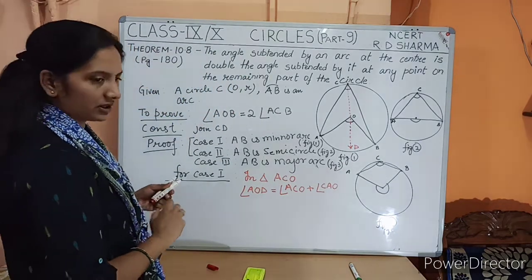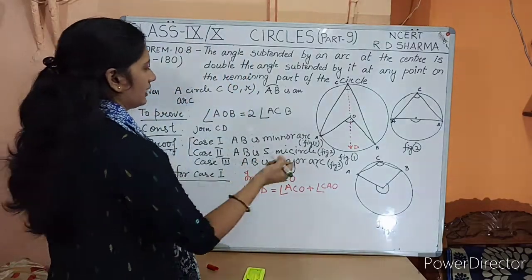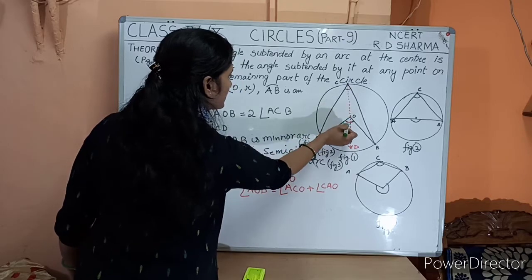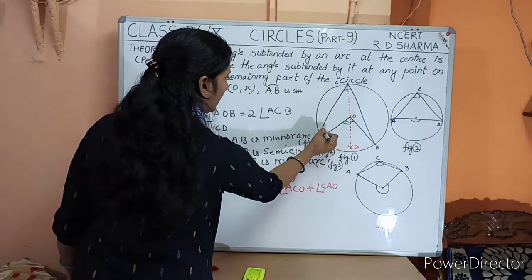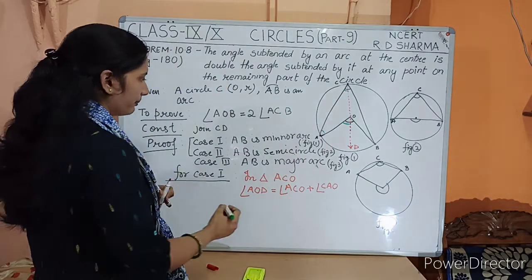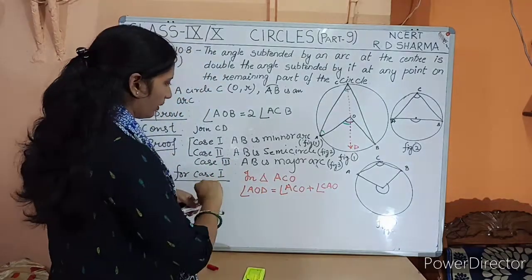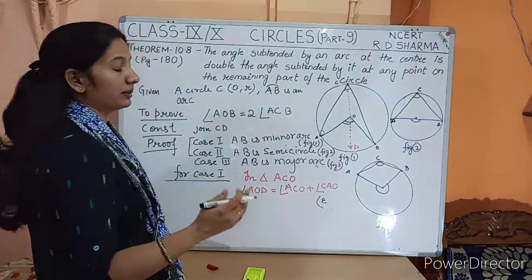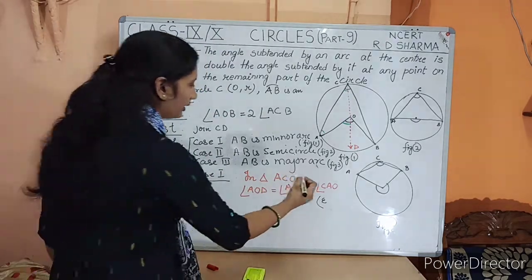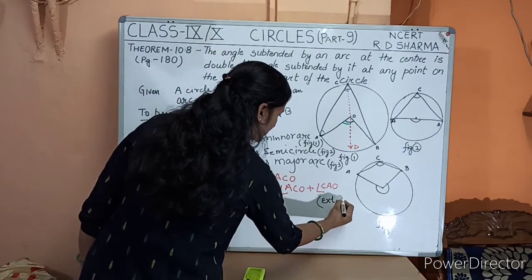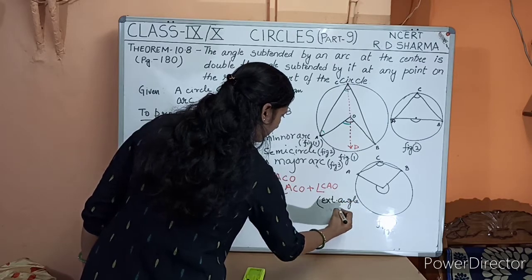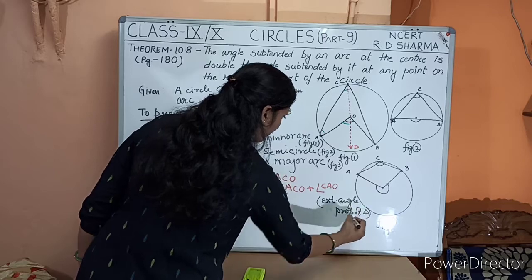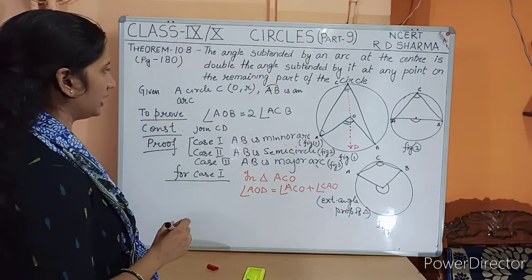I hope you have understood this thing. Right now I am taking this part of the angle, and this is equal to the sum of this and this. Why? By which property will it be equal? By the exterior angle property of a triangle. By that property it must be equal.